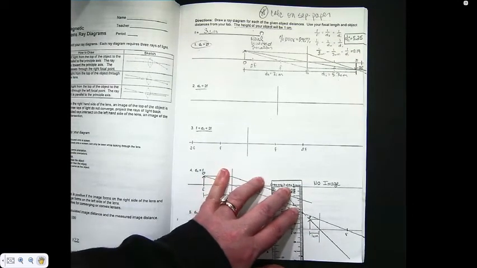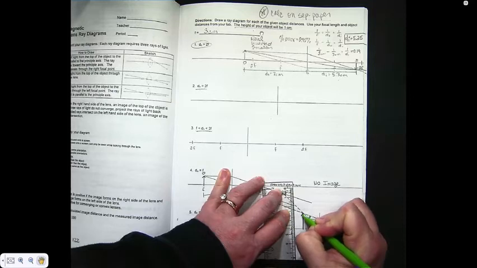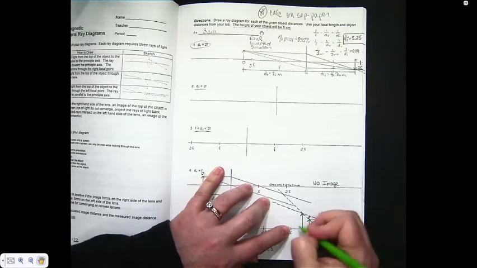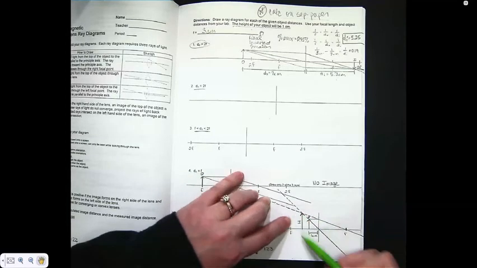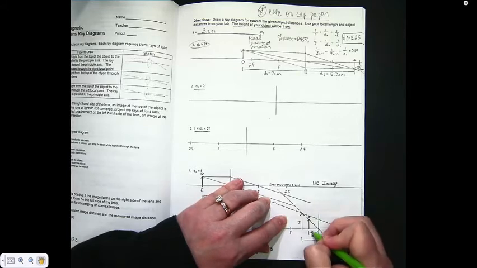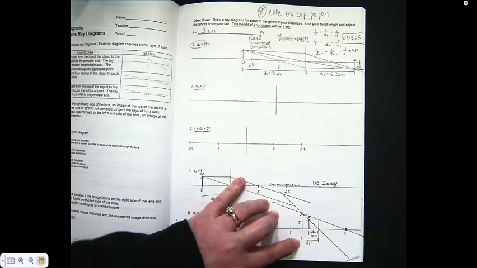So right about here, I have an image formed. It is upright. I know that because the base of the arrow is still on the axis. This is the O, and this is the DI. Now this image distance is going to be negative.